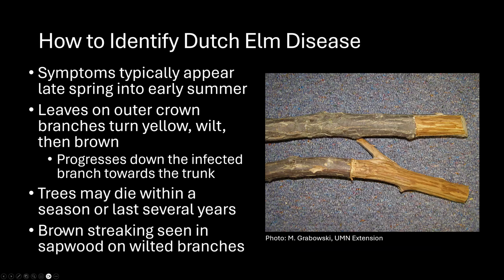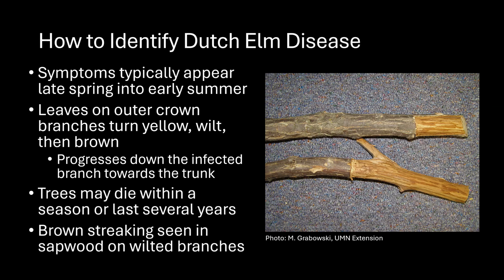Okay, so how do we know, especially if we have elms, what some of the symptoms are? So let's talk about some of the symptoms. Then we'll get into the fungus specifically, then the bark beetles, and go from there, because there are multiple components to this disease. Typically with Dutch elm disease, we start to see symptoms appearing late spring into early summer, although you can see symptoms pretty much throughout the whole growing season.